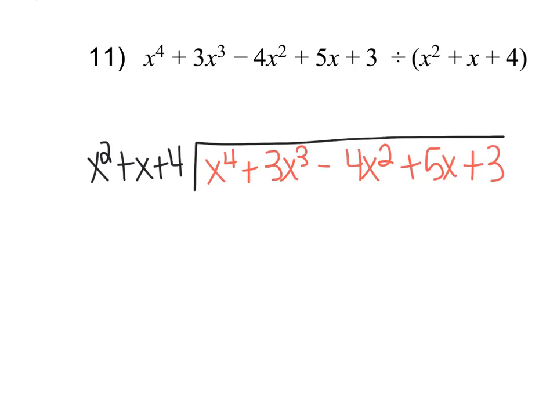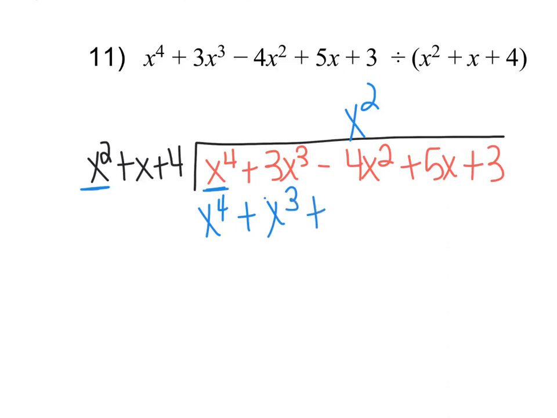The next thing we're going to do is take my first term and my first term. How many times does x squared go into x to the fourth? It goes in x squared times. So I'm going to put my x squared up here above my x squared column. And then I'm going to multiply through. X squared times x squared is x to the fourth. X squared times x is x to the third.